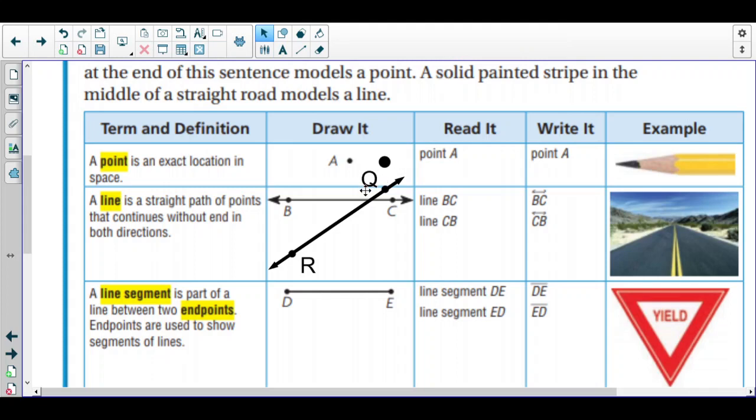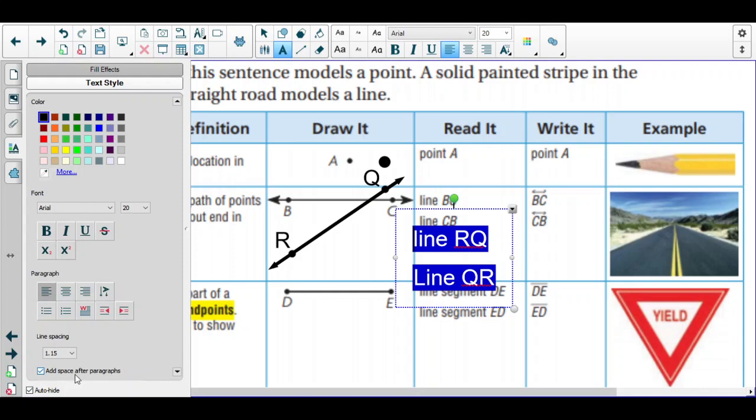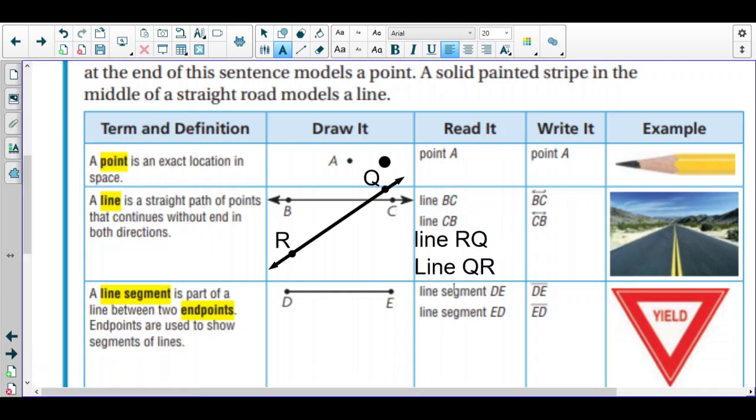We will call this point Q. So now what we have, we could say that we have line RQ, or we have line QR. We'll go ahead and get this cleaned up a little bit. There we go.